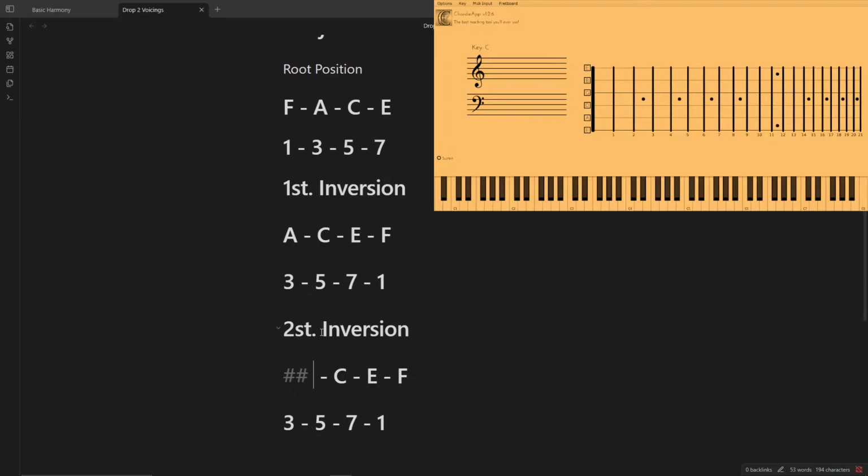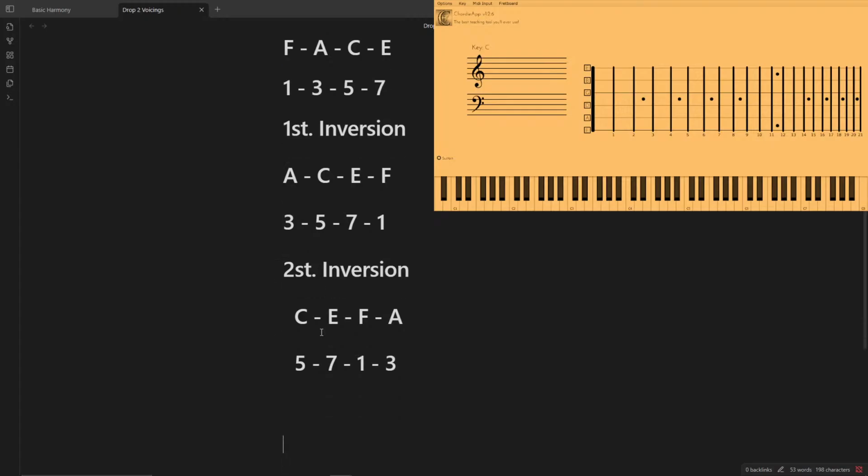So this C, the A, it goes into the top note. And what is happening? Now we have our fifth as a bass, and our third is the top note. And now we are about where we want to be.